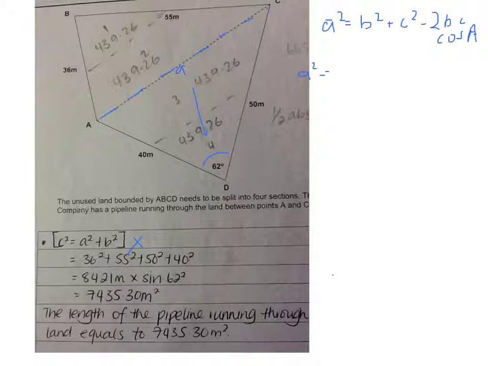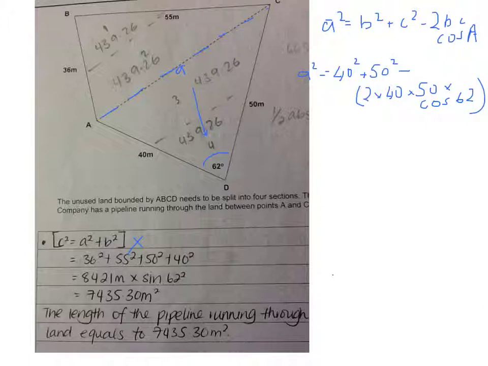The two sides b and c are next to the angle, so that's 40 squared plus 50 squared minus, now I usually put this in brackets when I do it on the calculator, 2 times 40 times 50 times cosine of 62. Then you'll come up with an answer for a squared. Remember that you have to square root the answer at the end. And then you'll find that the length of the pipeline, I think, is around 47.1 meters. Sorry, 47.1 meters.